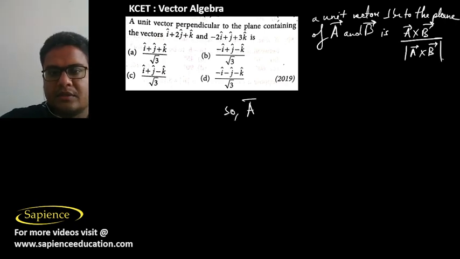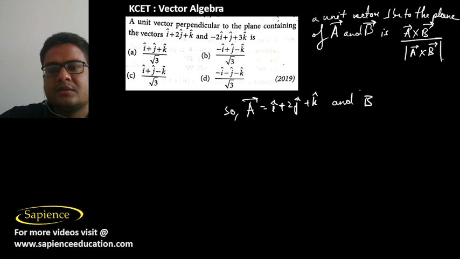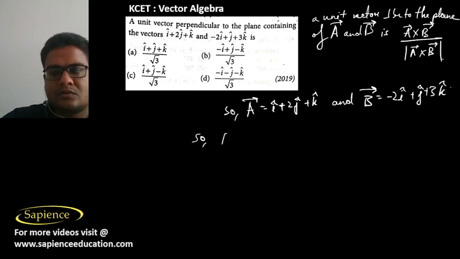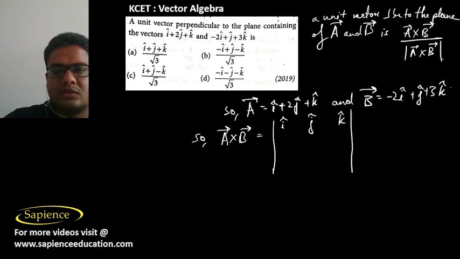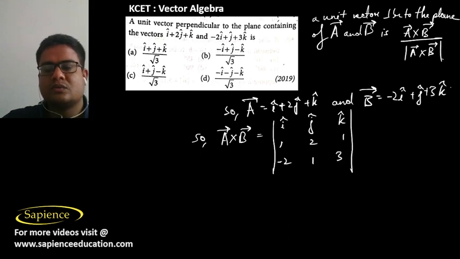So now here a vector is I cap plus 2j cap plus k cap. B vector is minus 2 I cap plus j cap plus 3k cap. Now a vector cross b vector will be the determinant of ijk, and the components of a vector are 1, 2, 1. Components of b vector are minus 2, 1, 3.